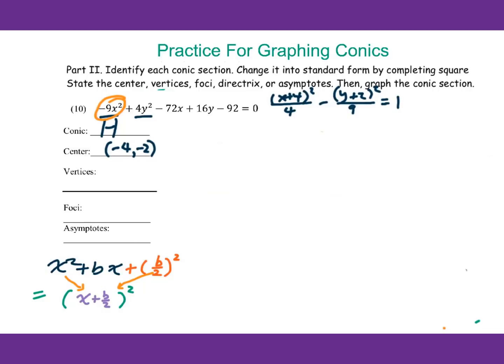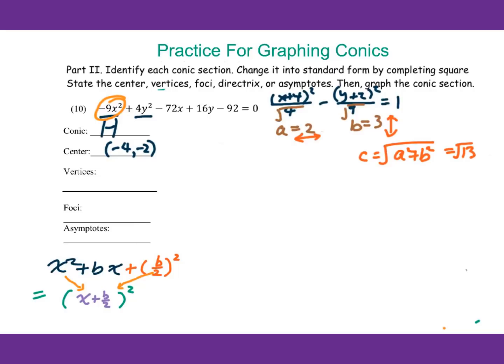Before working on vertices, foci, and asymptote lines, we need to get A and B. So A equals 2, B equals 3. Then your C equals square root of A squared plus B squared. That's square root of 13.